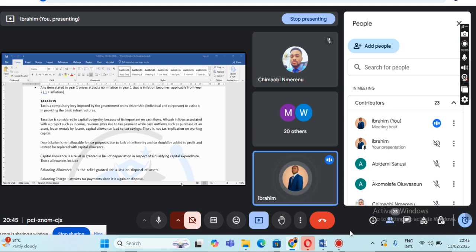Let me start from the taxation. Taxation is considered in capital budgeting because of its importance on the cash flow. All cash inflows associated with the project, such as income and revenue, give rise to tax payment. Of course, you will pay tax when you embark on a capital investment project. You will pay tax at the end of the period, right?